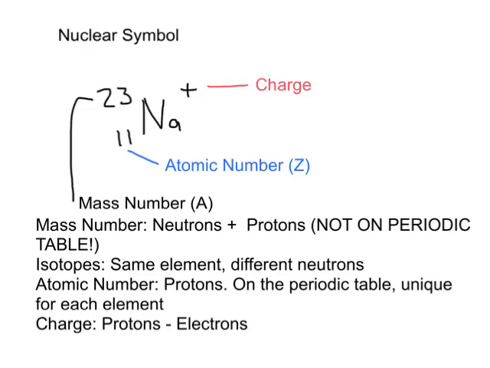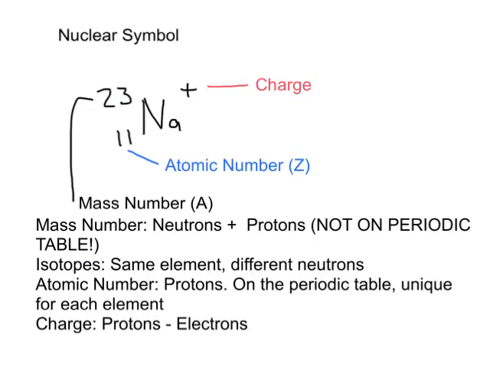And some definitions. The mass number is the number of neutrons and protons, and it is, for emphasis, not on the periodic table. No matter how close it is to the number on the periodic table by rounding, it is not the same. And that is because different elements can have what we call isotopes. These are the same element, but differ only in their number of neutrons.